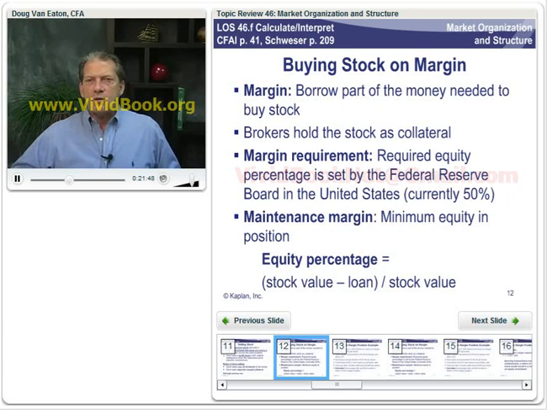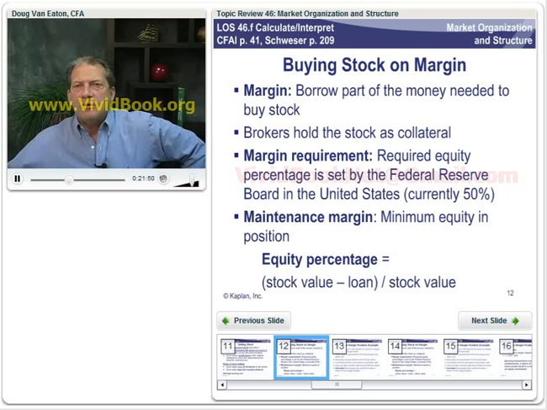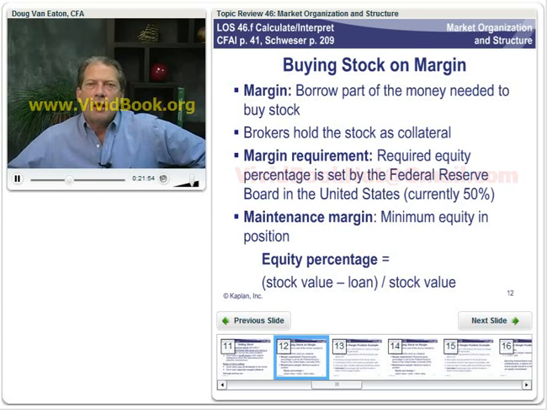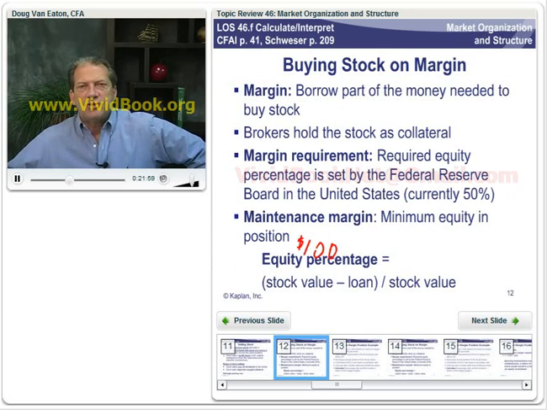So maybe a quick calculation here. If we buy a stock for $100 a share, and we can do these calculations in per share amounts because we're going to come out with a percentage anyway. So we buy a stock for $100 and we pay 50 of that and we borrow 50 of that. Well, now the stock goes down to 80.